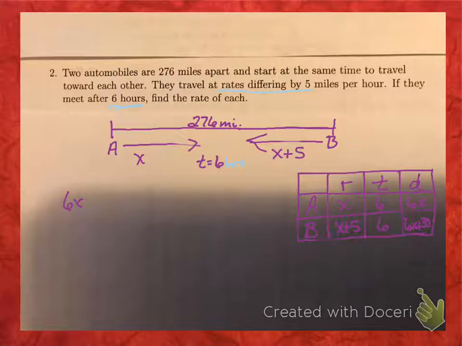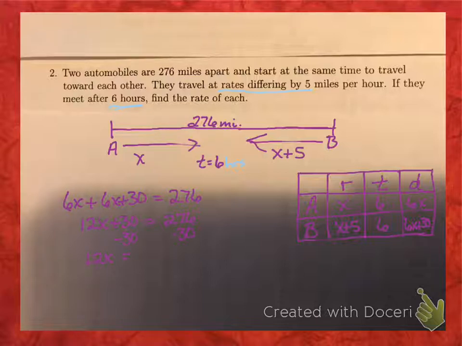So we're going to add 6X plus 6X plus 30. That's going to equal our distance, which is 276 miles. Combine like terms to get 12X plus 30 is equal to 276. Now we're going to simplify for X, and we're going to start by subtracting 30.